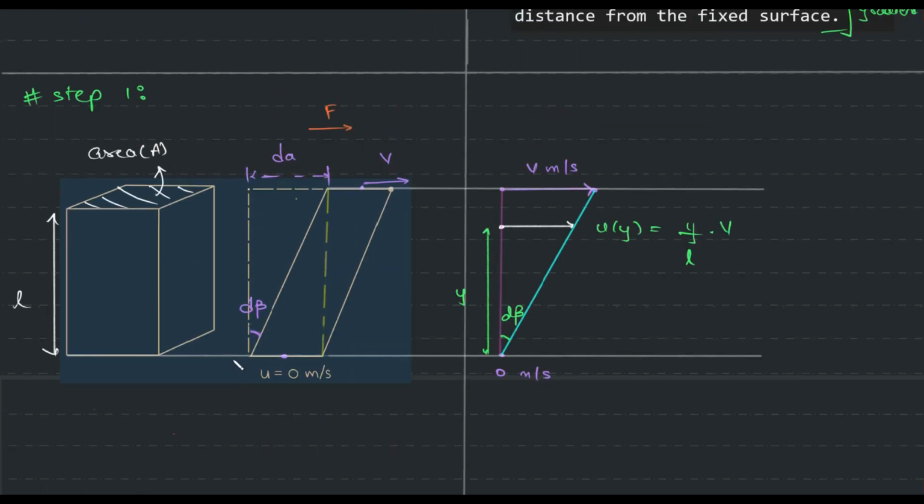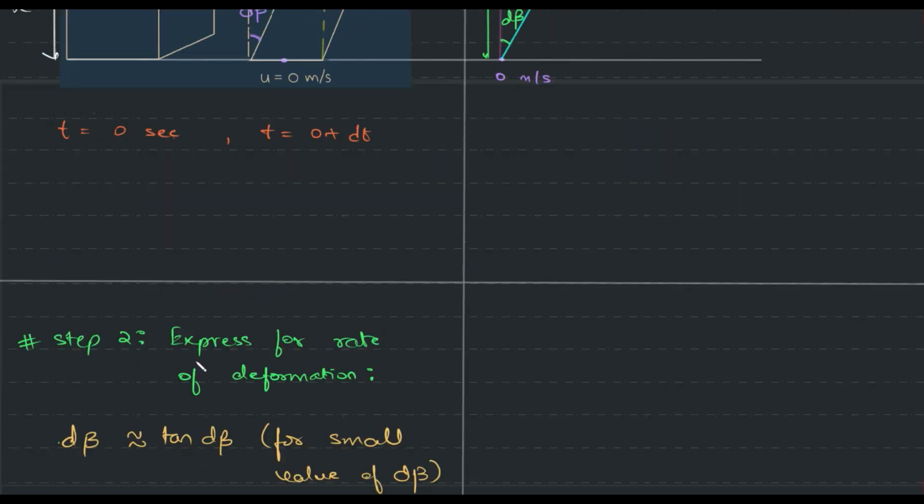Okay. So what is dA? dA will be equal to V into t, velocity into time. So if I take time, this is 0 seconds, and this is t equal to 0 plus dt. The amount of movement seen over here will be nothing but the product of speed and time.